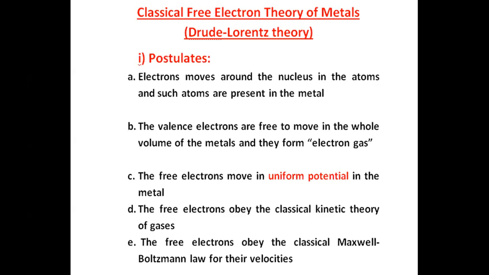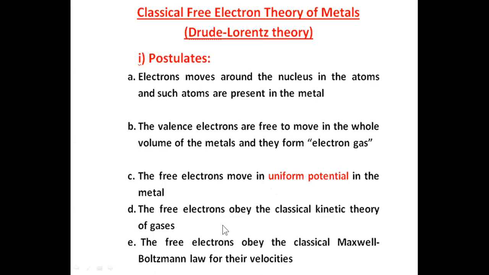And coming to the third postulate made by Drude and Lorentz, these free electrons which are moving in the metal experience a uniform potential. That means the electrons are moving in a uniform potential. This is one of the important assumptions made by Drude and Lorentz in their theory.